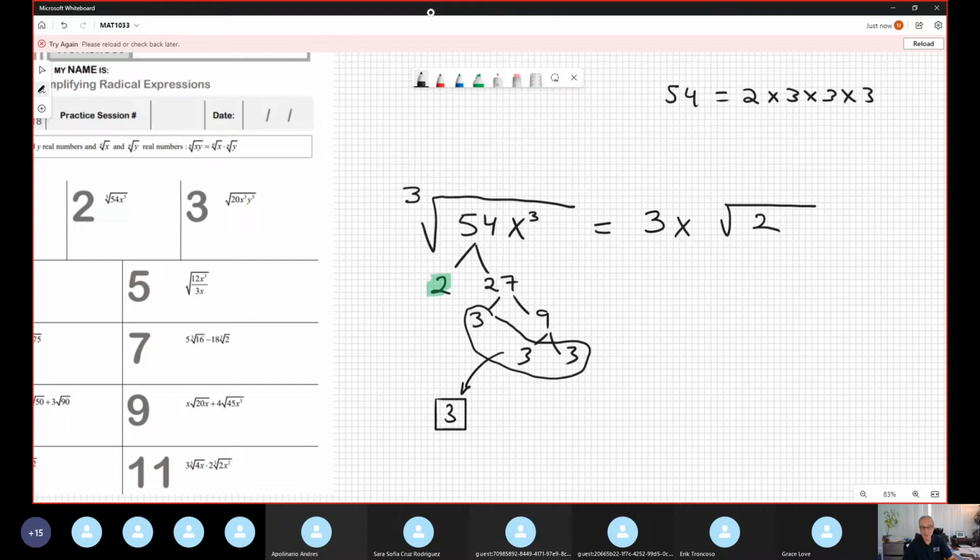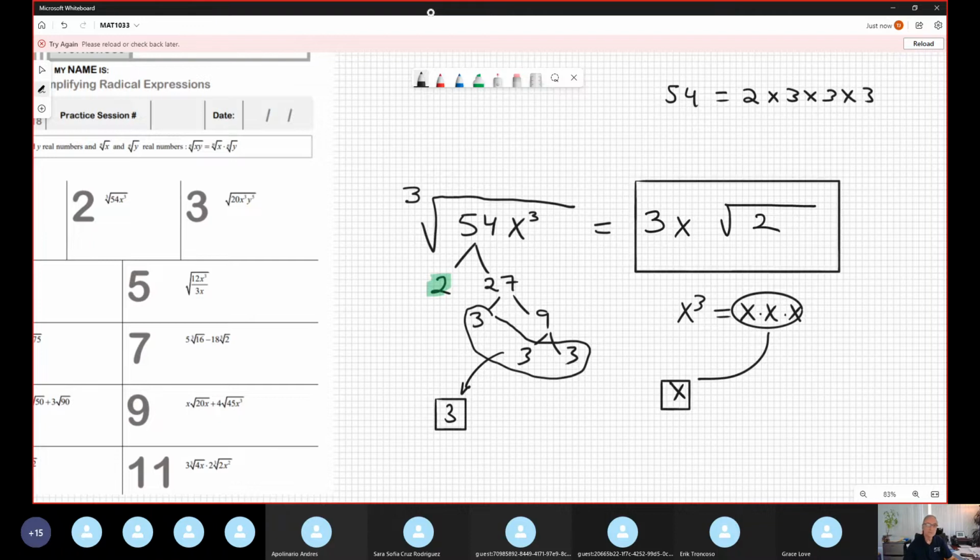The reason is x cubed is x times x times x, exactly the amount of x we need to go outside. This is our final answer. Clear or confusing? It's clear.